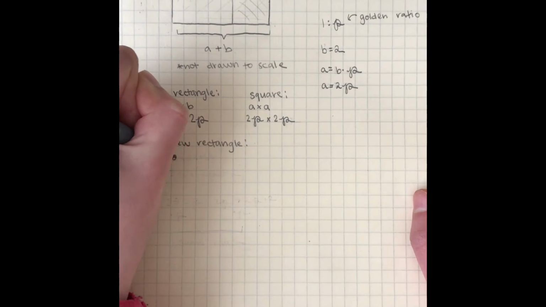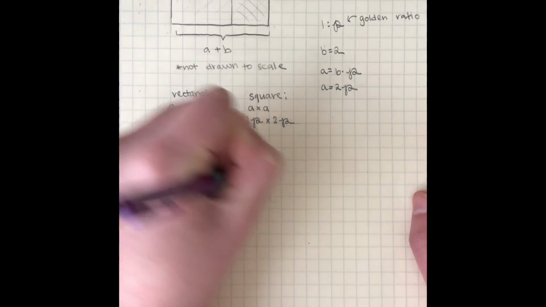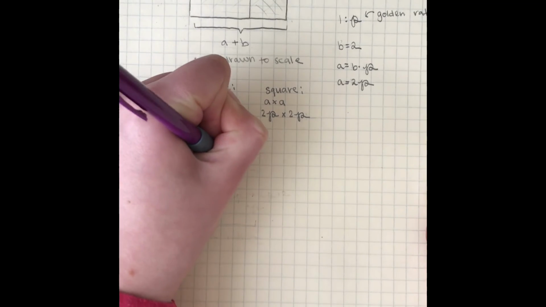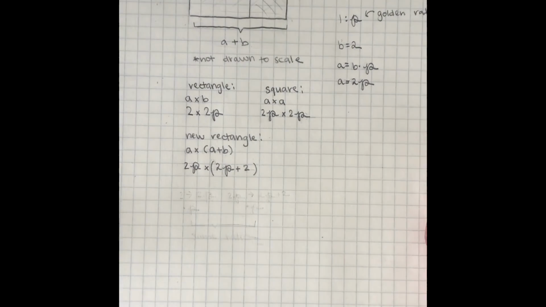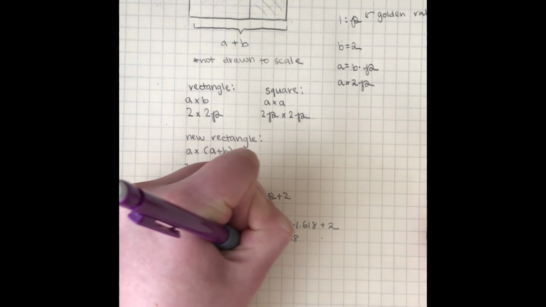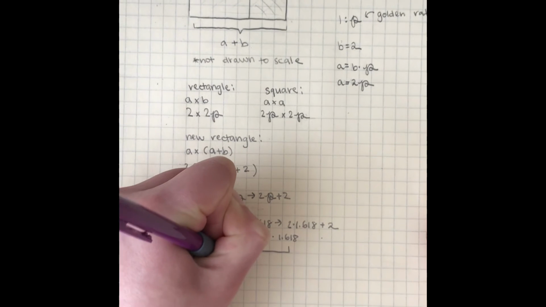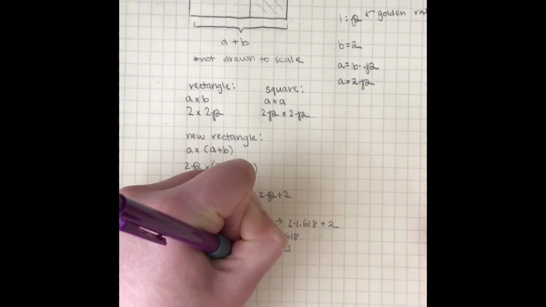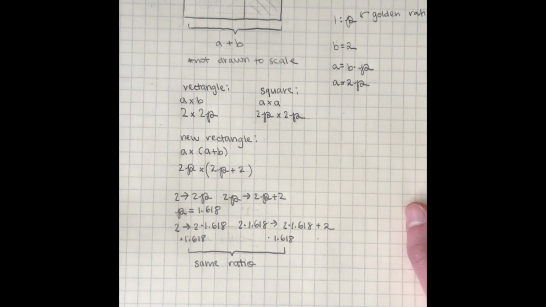The new rectangle's dimensions are A times A plus B. Based on our previous conclusions, the numeric value would be 2 phi times 2 phi plus 2. After plugging in phi's approximate value, which is 1.618, we can conclude that the large rectangle is similar to the smaller rectangle, as there is the same ratio.